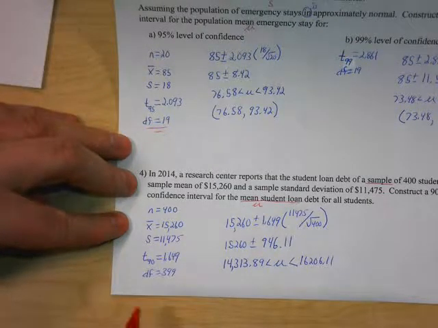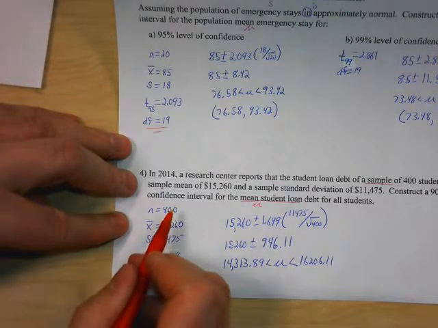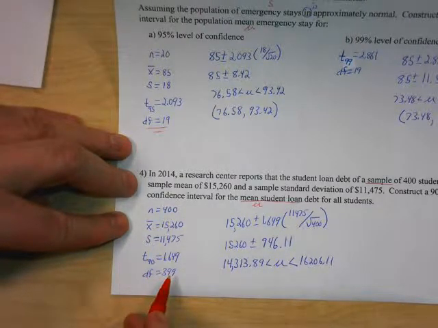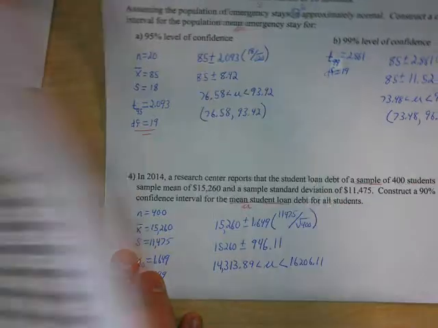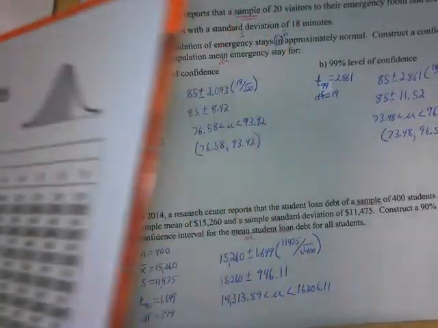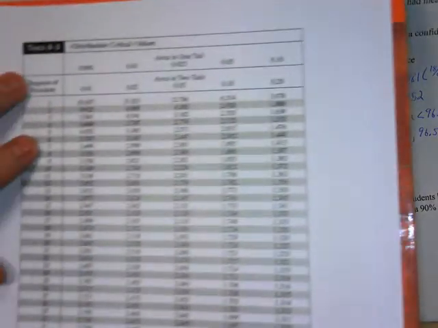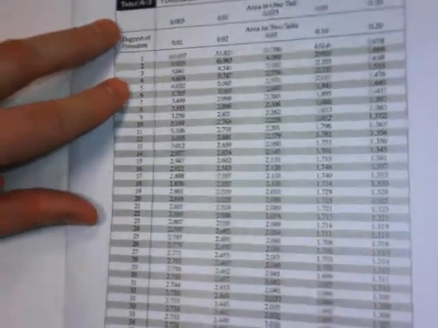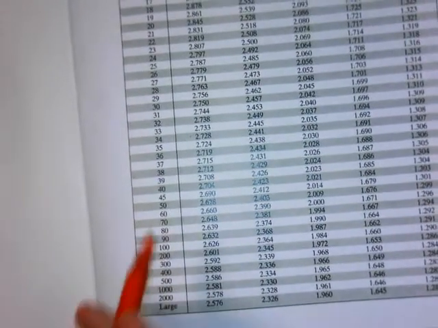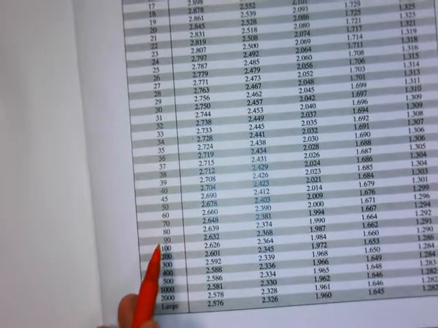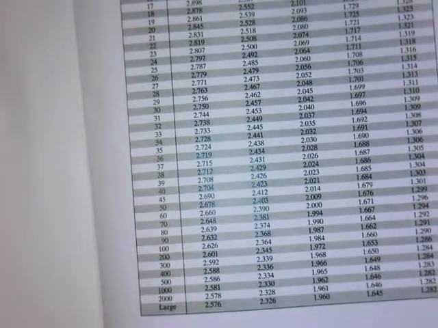The one thing I do want to say is that your sample size was 400, which means you have 399 degrees of freedom. Well, in the table, notice that once you get past a certain value, it starts going up by fives, and then by tens, and then eventually by hundreds, and then 1,000.